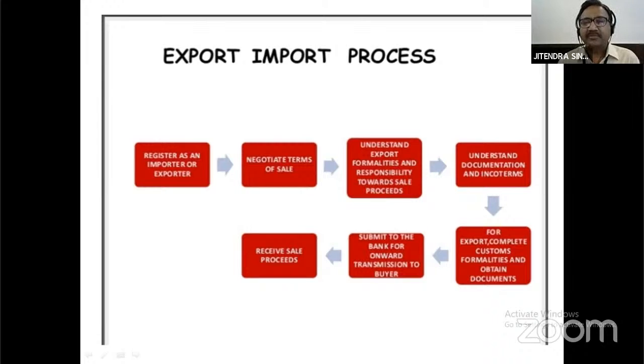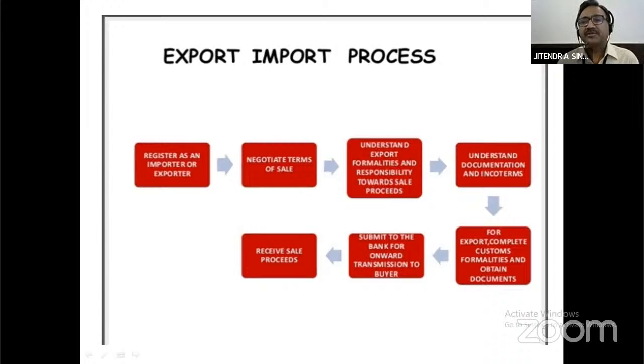So we must be familiar with the Incoterms, the different terms like letter of credit, bill of lading, etc. And we have to complete all the formalities with the exporter's and importer's bank also, different paper formalities, different authentic proofs with the bank of exporter and importer also. After fulfilling all those formalities, the documentation process, we will move further.